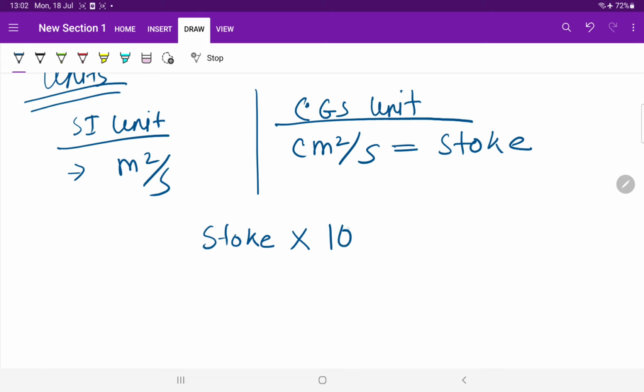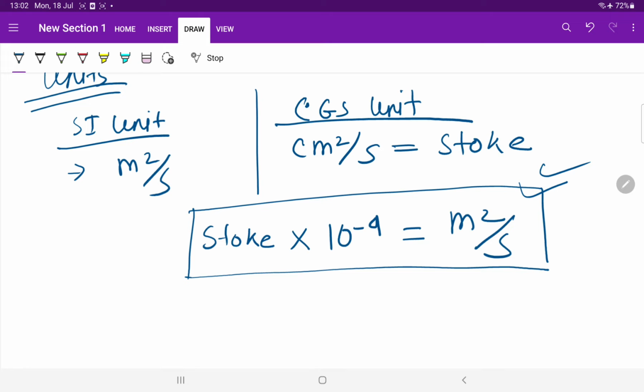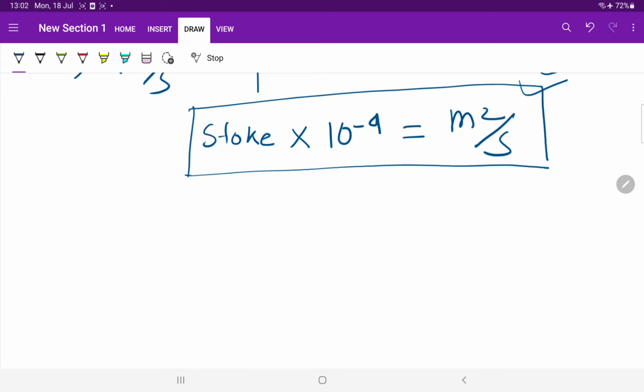So Stoke into 10 to the power minus 4 is equal to meter square per second, right? Centimeter square per second is Stoke. You have to remember that, and Stoke into 10 to the power minus 4 is meter square per second. Always, while solving numericals, make sure you solve in SI units. Then you will have a common basis by which you can solve.